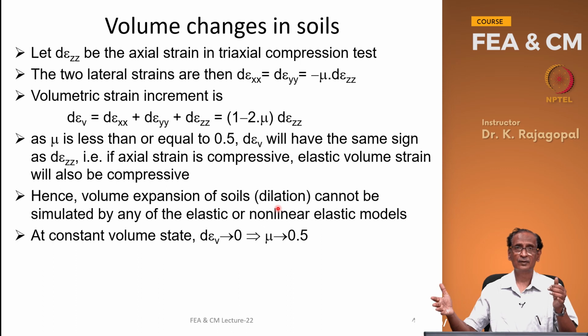That is, the further increments of the volume strain should be 0. So, our mu is 0.5 towards the critical state, and in fact, we do not write any equation like this. We write it as mu tangent, because the Poisson's ratio also keeps updating as we are applying strain. The Poisson's ratio might change along with the modulus values.